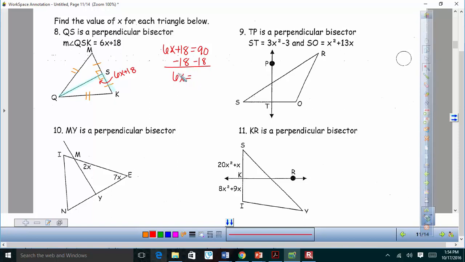That would give me 6x equals 72. And then we would divide both sides by 6, and x would equal 12. Okay, thoughts on that?